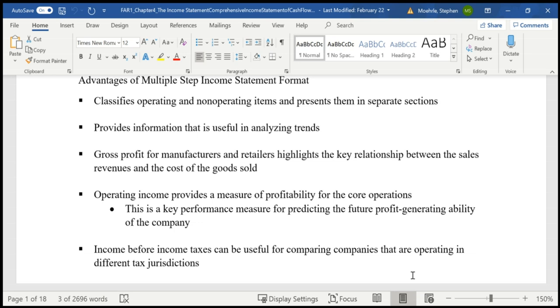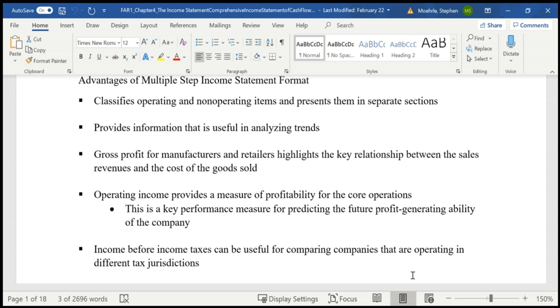Gross profit for manufacturers and retailers highlights the key relationship between the sales revenues, what customers are paying for our goods and services, and the direct cost of providing those goods and services. Operating income provides a measure of profitability for the core operations of the business.